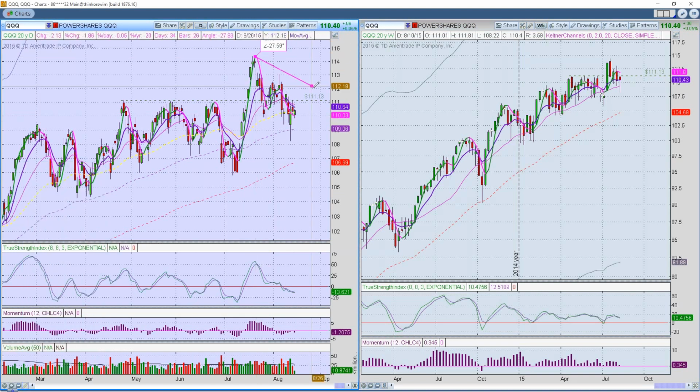And so as long as that line is not busted to the upside, then we will remain in a downtrend. So there may be some upside back up to that resistance level. But if we get the 8-day and the 20-day reverse where it's popping back up and that line is broken to the upside, then we may be in for another rally, significant rally.